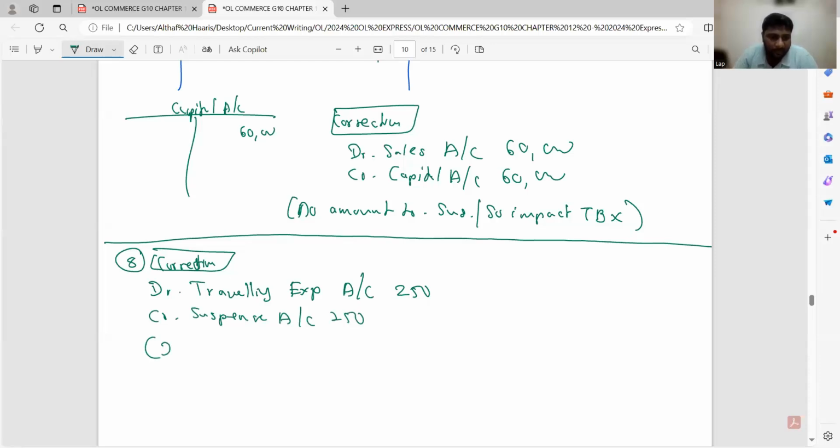Debit traveling expense, credit suspense 250. So impact on the trial balance is there.